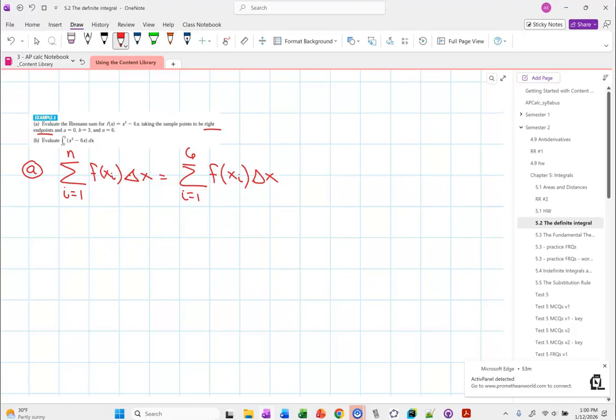So far so good. I remember that delta x is b minus a over n. So b was 3, a was 0, and n is 6. So that's 1/2. And xi was a plus i delta x, or 0 plus i times 1/2, or just i over 2.